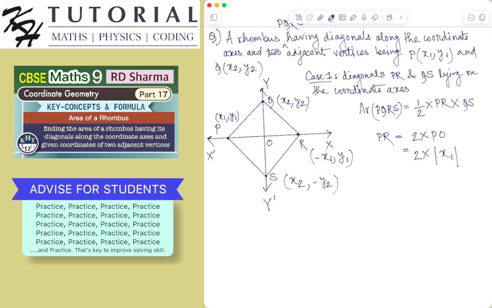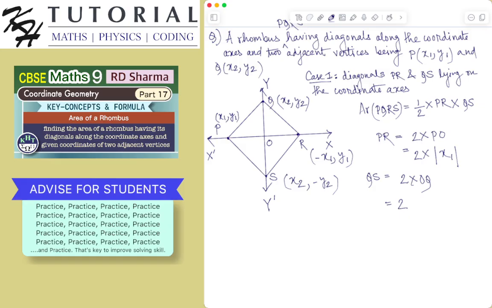And what will be QS? Since the diagonal QS is being bisected at the origin O, we must have QS is 2 times QO. Now what is OQ? Q is the vertex lying on the y-axis, so the distance OQ is the distance of the vertex Q from the origin.